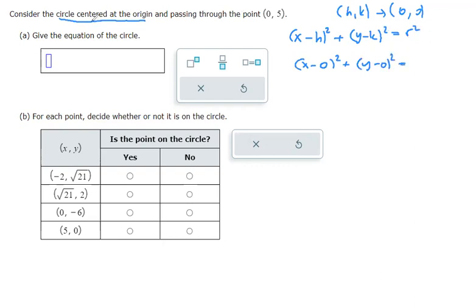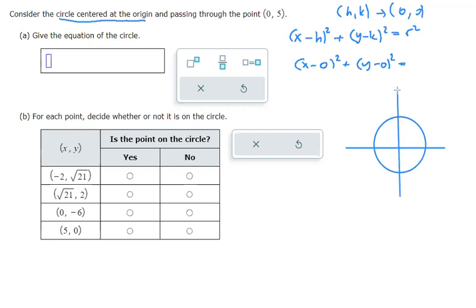We know the center, but there is a point on the circle that's 0, 5. If you draw this picture, the given point is 0, 5, which means the y value is 5 and the x value is 0. If you draw a circle, you are going to see the radius is actually 5, which is kind of obvious in this problem. But in some cases, we have to use the distance formula. But in our case, it's like this.